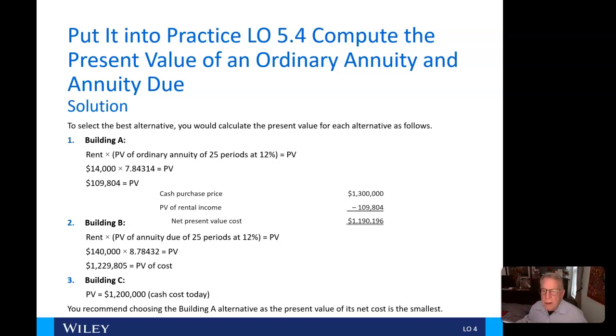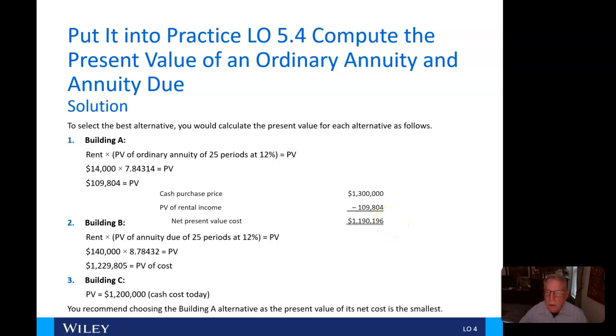So we would get that right off of table 5.4. And so the present value of all that is going to be $109,804. Now we're going to take the cash purchase price that's already at present value and back out the amount we make from rental income in present value terms.